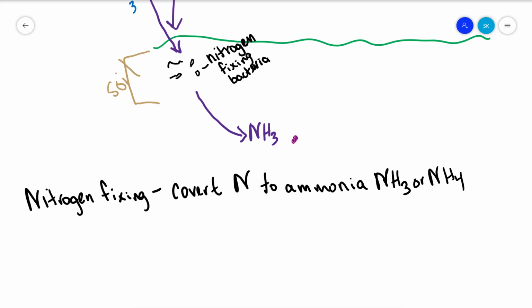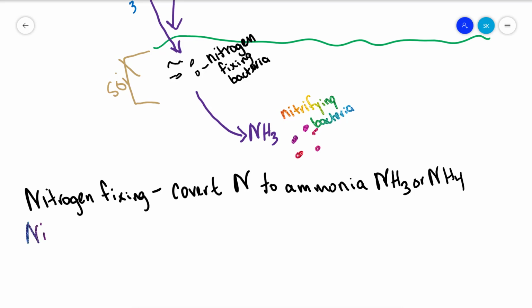So here we're going to have these different bacteria. These are called nitrifying bacteria. These nitrifying bacteria are going to take that ammonia and basically put it into the soil in a form that plants can use.